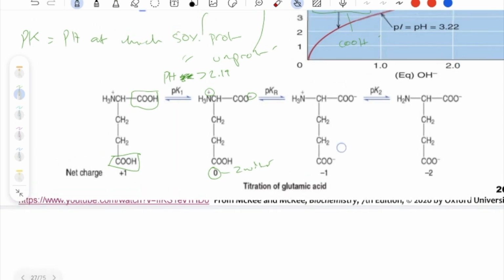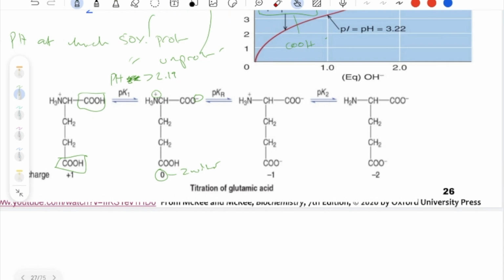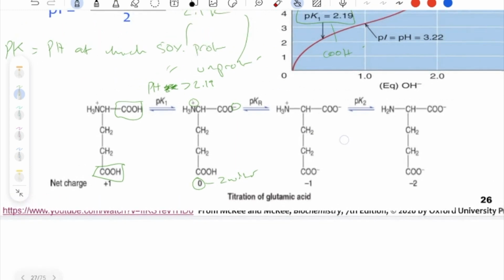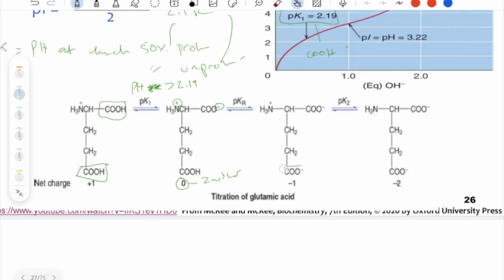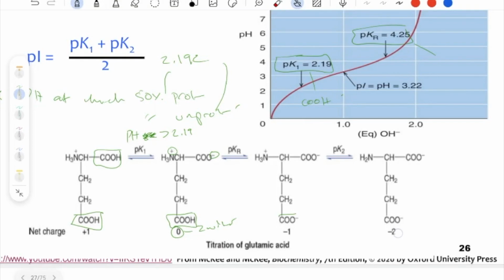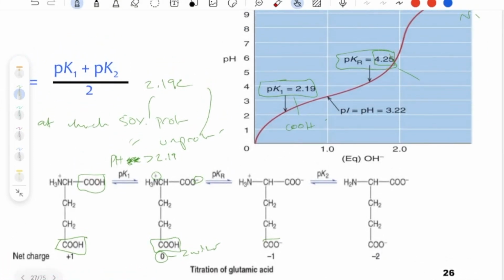Now we have to figure out the pH at which we get this Zwitter ion. But first of all, we need to go through the other species or molecules that could have a charge. So after this, we're going to have the carboxylic acid of the R group. Again, it's a strong acid. It can donate a proton, so we need a very high concentration of protons and a low pH so it can maintain it. Anything greater than 4.25, or pH greater than 4.25, it's going to lose it.